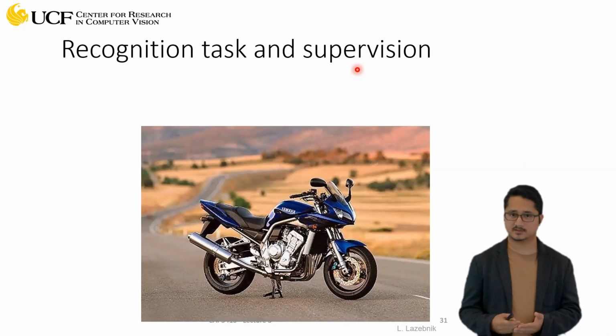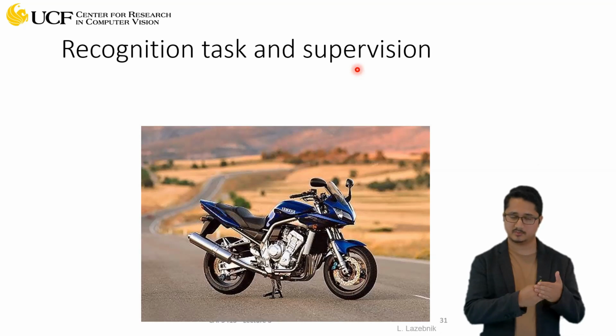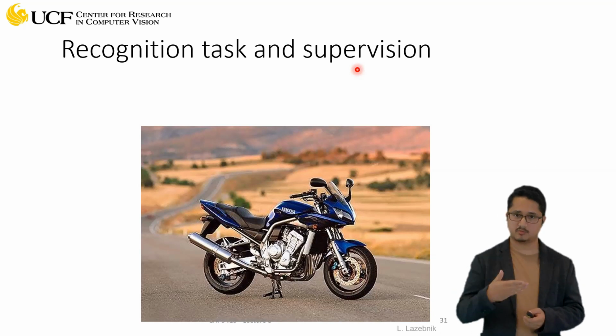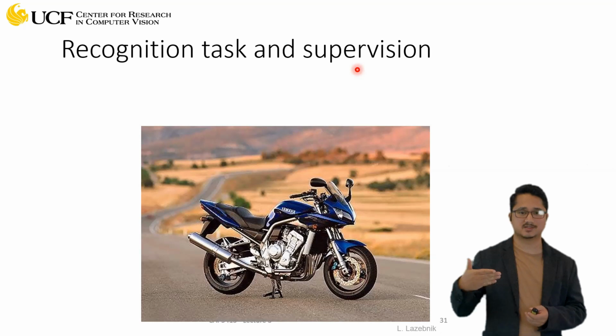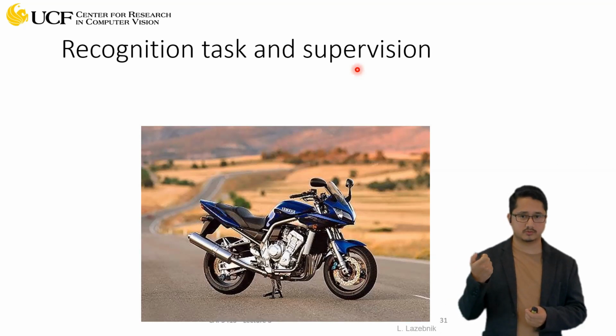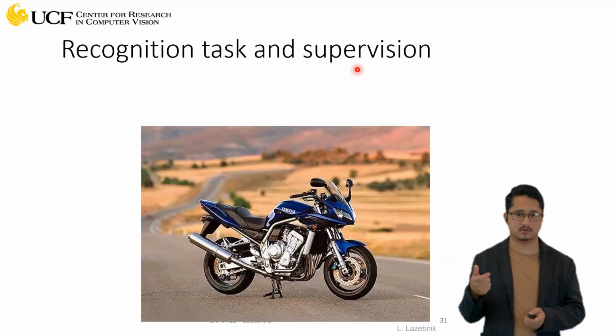If the task is image classification, where you just have to look at this image and say which object is present, then when you train, your model will make this prediction, whether a motorcycle is present or not. To estimate how good that prediction is, you need a ground truth or a label.